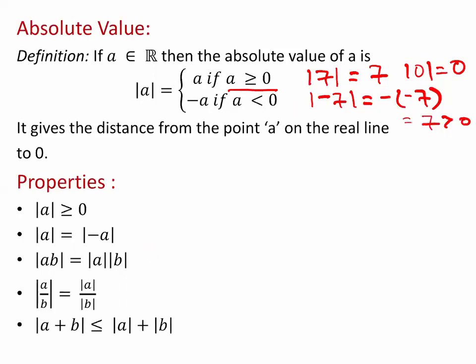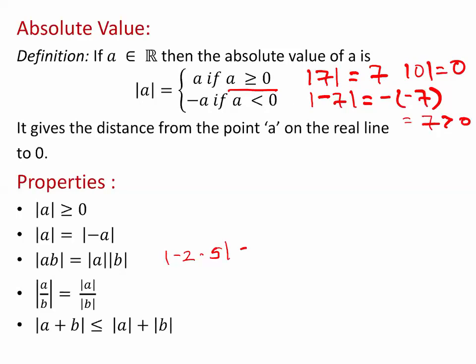If you take the absolute value after multiplying two numbers, or individually take the absolute values of each number and multiply them, they are equal. We can verify this by considering minus 2 times 5.